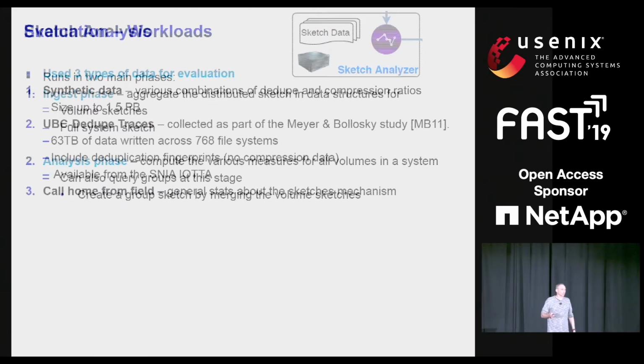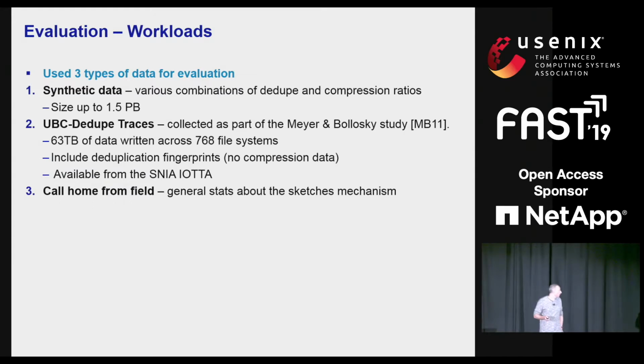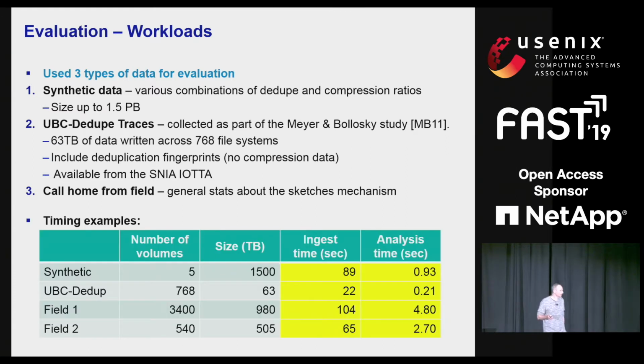OK, evaluation. We did evaluation on 3 types of data. There's synthetic data. There are the beautiful traces from the work of Meyer and Bolosky, deduplication traces that are available on the SNIA website. And we also have some call-home statistics from the field giving us general statistics. I'm showing some examples on timing.